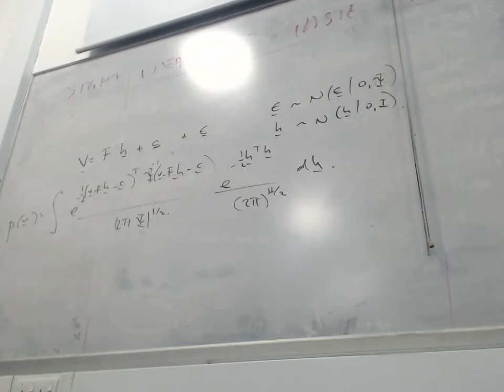That tells you, well, if p of v is proportional to e to the minus some quadratic function of v, well, it must be a Gaussian in v. That's what it means, basically. So if it's a Gaussian in v, that means you only need to find its mean and its covariance. And then you're done, right? You just say, well, that's it.